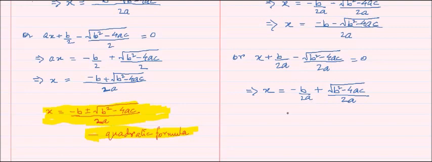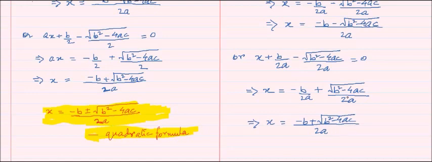Again, we are having the same common denominator for both the two terms, so we can combine them. We can write this as minus b plus under root b square minus 4ac, all by 2a.